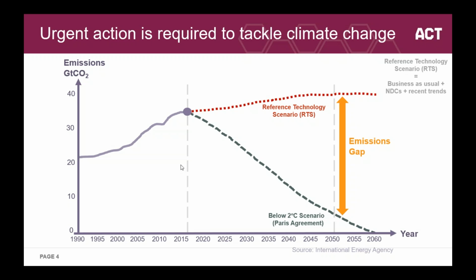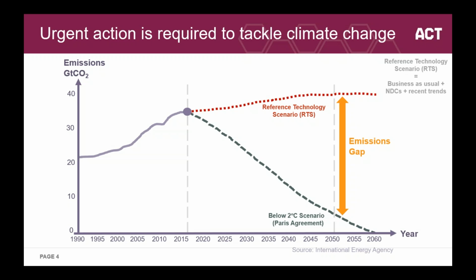As a handy reminder, we have an emissions graph on the slide before us, showing that we've had rising emissions, which goes all the way back to the 1850s or even beyond. And without action to reduce those emissions, they are predicted to steadily increase.